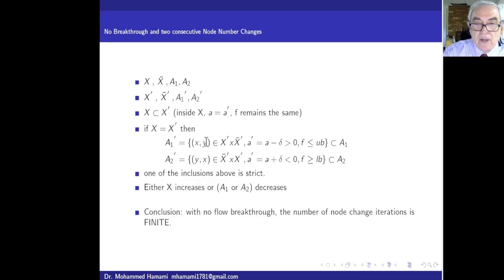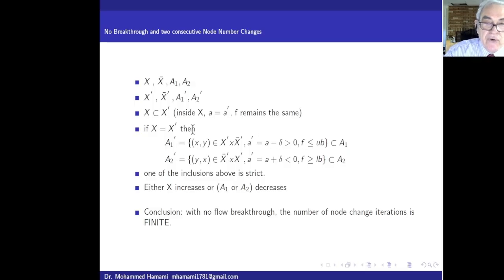So this arc no longer belongs to A1 prime. So A1 prime will be strictly contained in A1. And if the minimum occurs in A2, then a is negative, and when we add delta it becomes 0, then this arc does not belong to A2. So every time, if X is equal to X prime, then we're taking one arc off A1 or off A2.